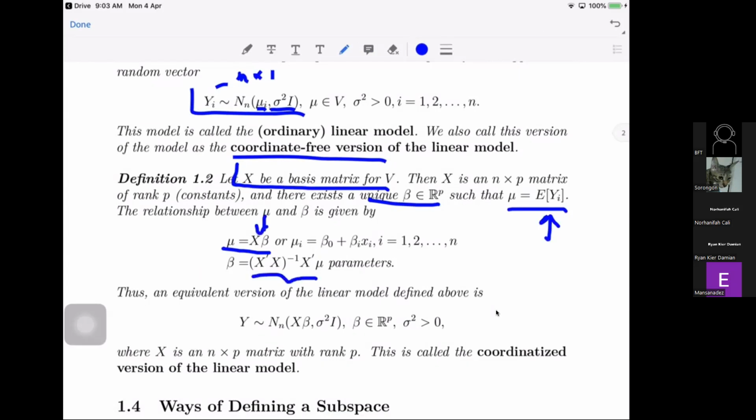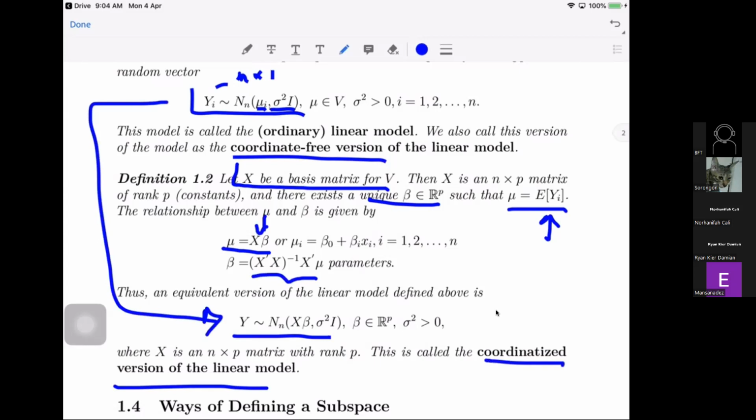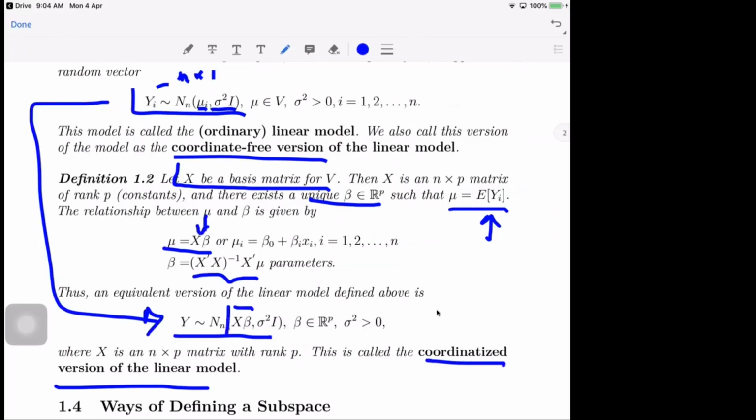And beta here will be, in terms of your basis matrix, (X prime X) inverse X prime mu. So an equivalent version of the coordinate-free version of the linear model is the coordinatized version of the linear model, wherein mu here will be equal to X beta.